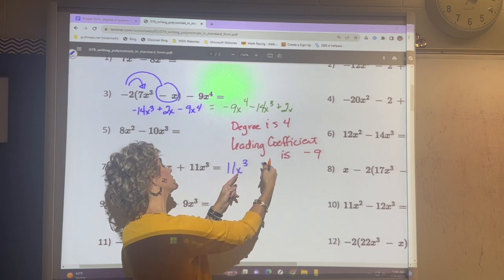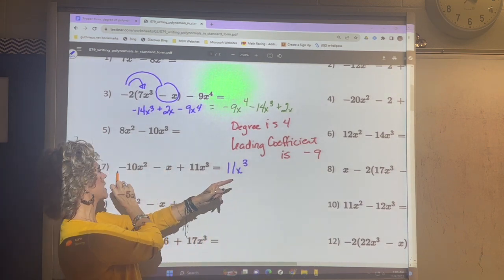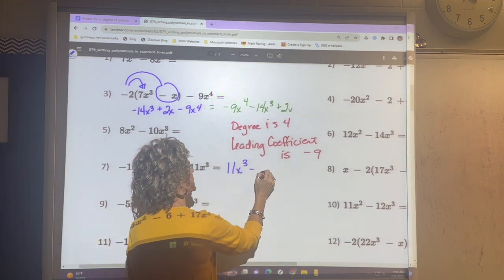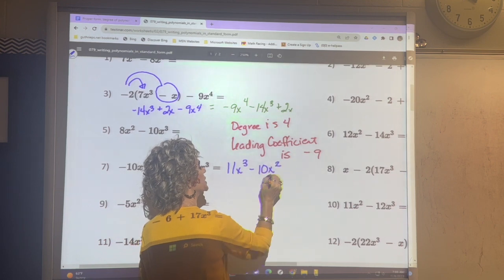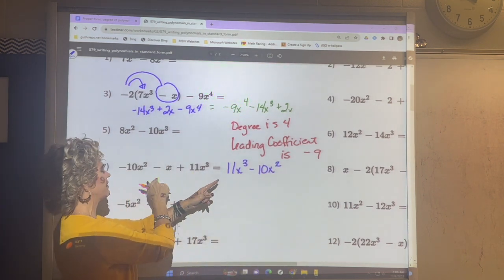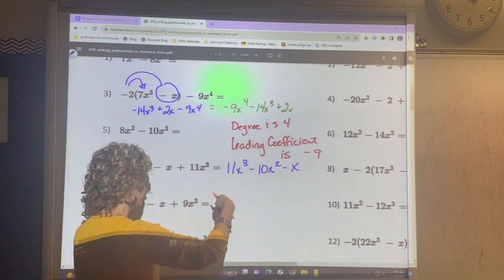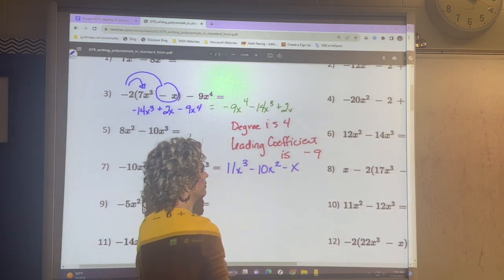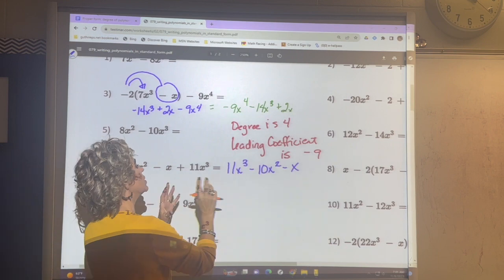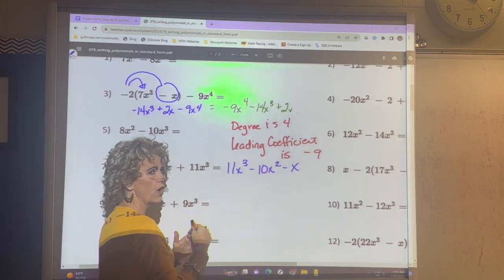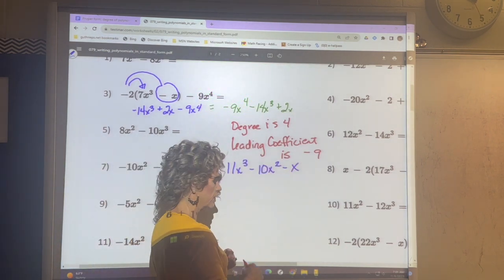After x cubed comes x squared or x. I do have an x squared. I have a negative 10x squared, keeping the signs with the number. And then I have a negative x. And if I had a constant, the constant would be tacked on the back. Not a big deal. So this is now in proper form, highest exponent to lowest exponent.